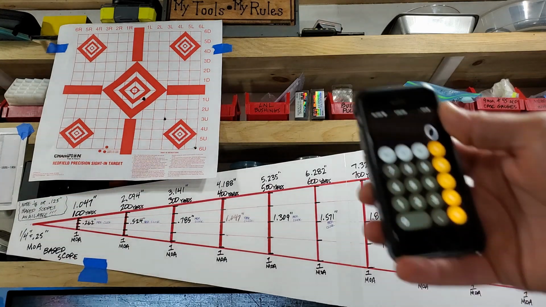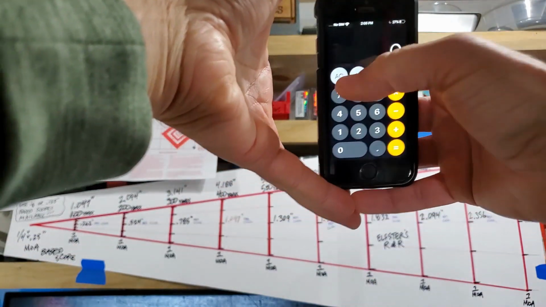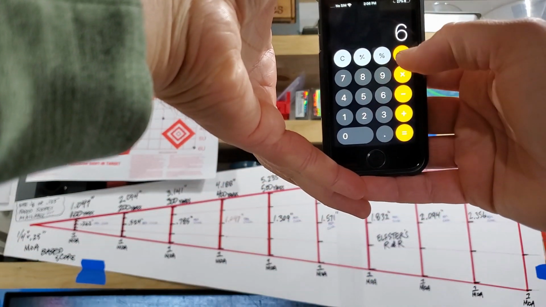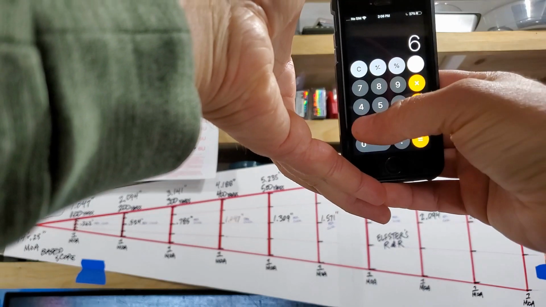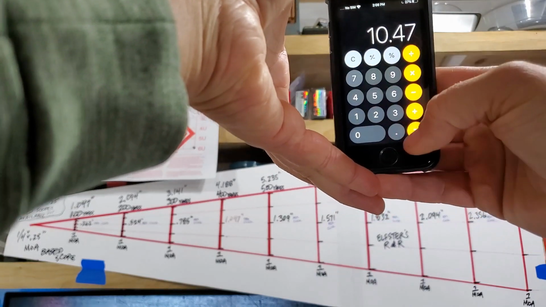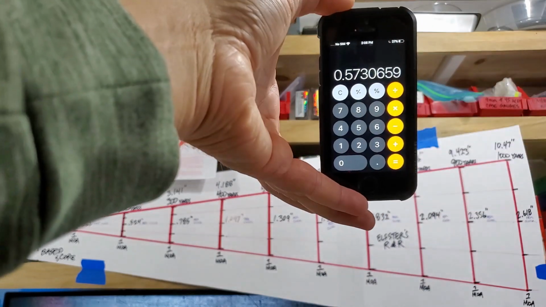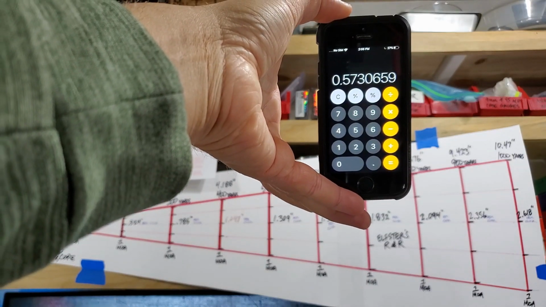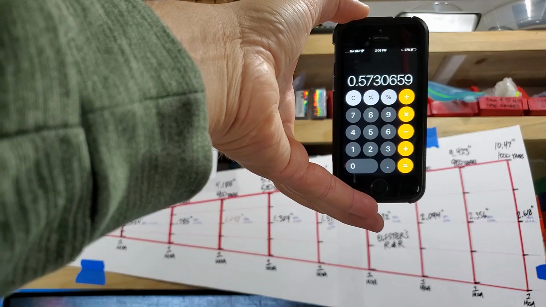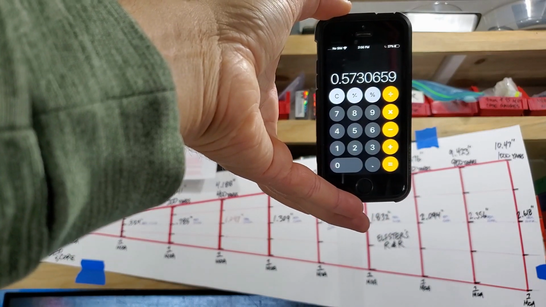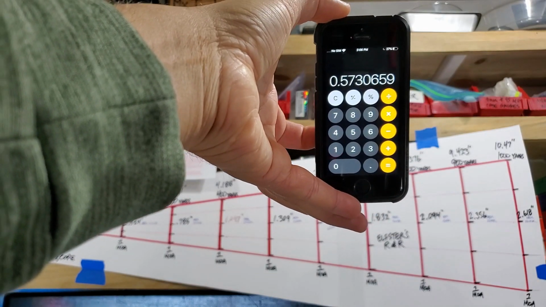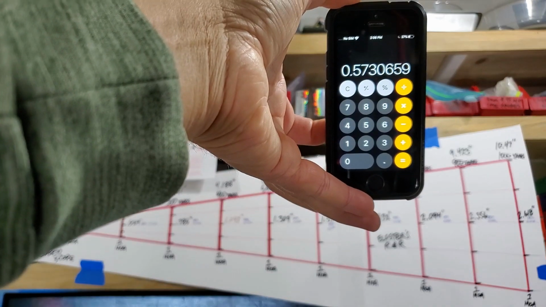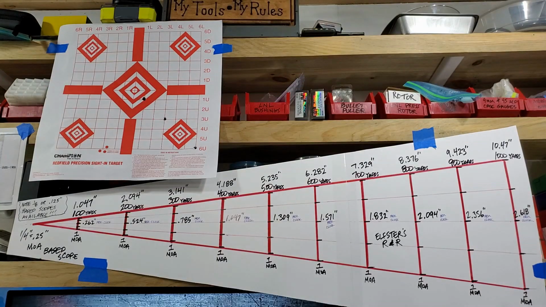All you're going to do, if I take my handy little calculator here, is 6 divided by 10.47. And that means I need to adjust up 0.57 minutes of angle, and I need to adjust left 0.57 minutes of angle, which is going to be only roughly 2 clicks. And that's all it takes.